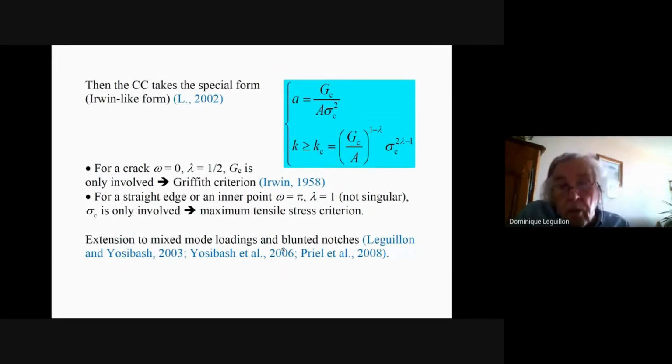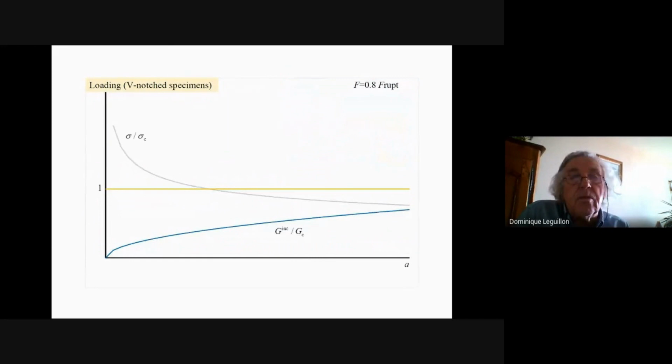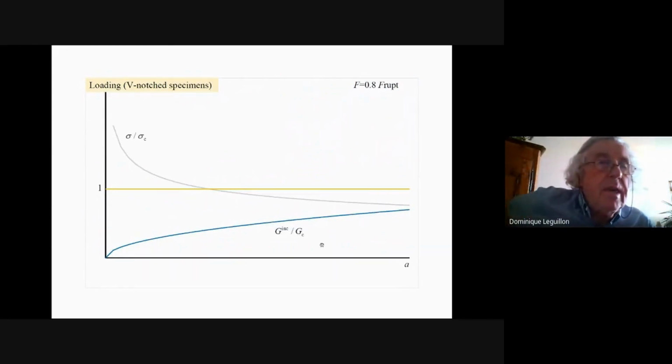We can also consider blunted notches, and this approach using blunted notches is also based on matched asymptotic expansions, but these asymptotic expansions are carried out with respect to the root radius of the notch instead of the crack length. It can be done, but it's long. So now we are approaching the end of the presentation.